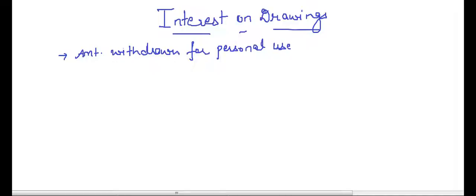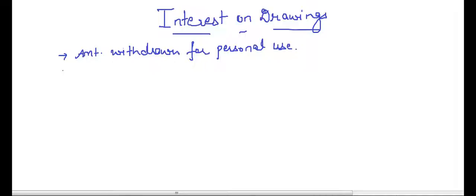Okay, now second thing, we have discussed that the interest on drawings will be paid only if it is provided in the partnership deed. Otherwise, the provisions of Indian Partnership Act 1932 will apply, which says that the interest on drawings is not to be charged.